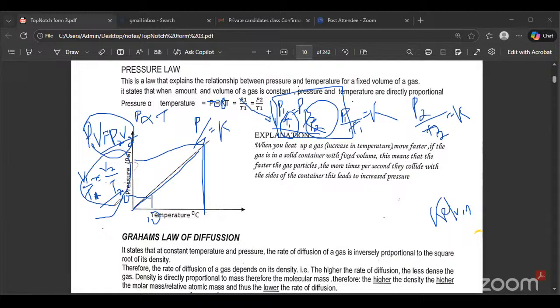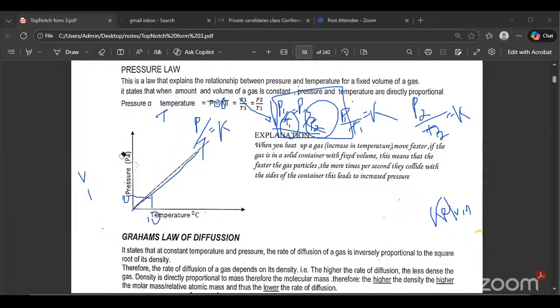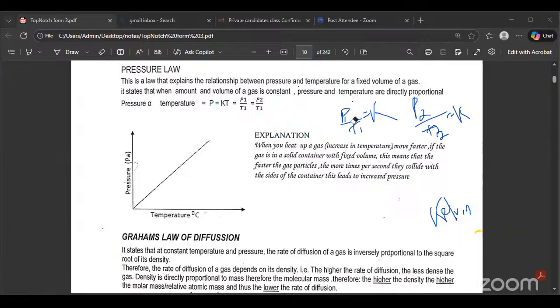Ukicalculate na nini degrees Celsius, tumia Kelvin scale, unless there is a very, very burning question touching on the Graham's law of diffusion, or the Boyle's, the pressure law.